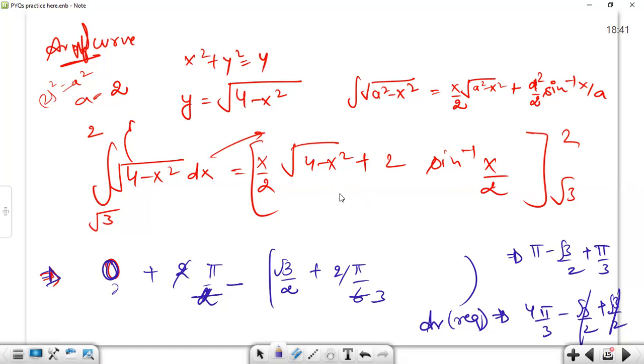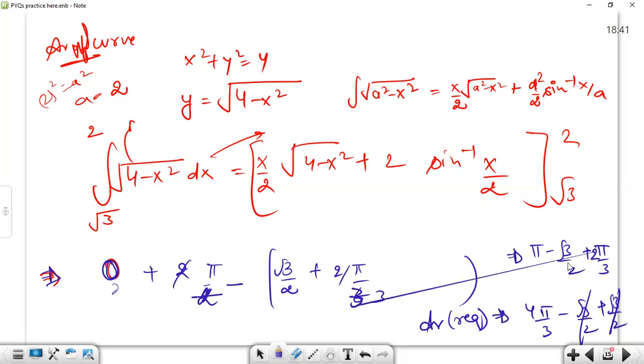Oh, we have made a mistake. Sine of 60 degrees is root 3 by 2, and cos of 30 degrees is root 3 by 2. So here the answer should be 2 into pi by 3.